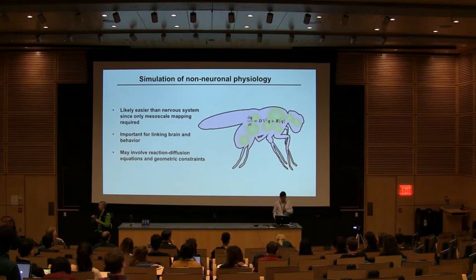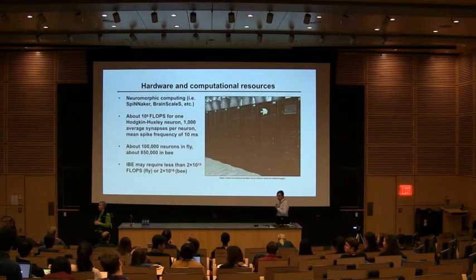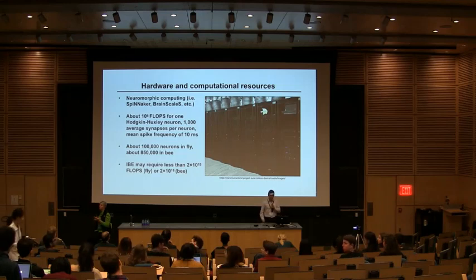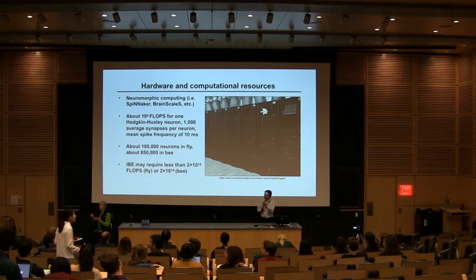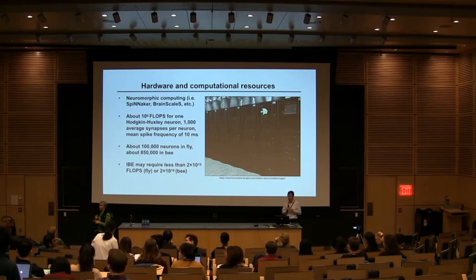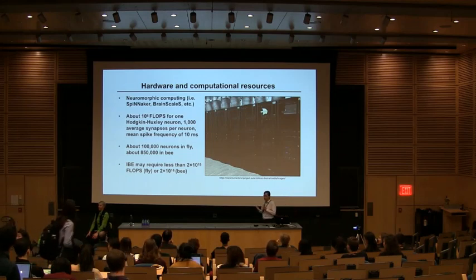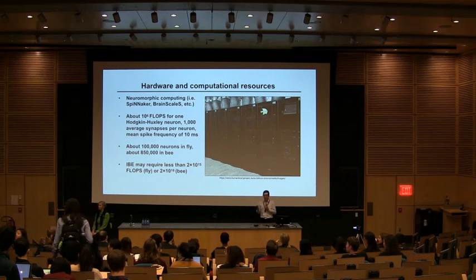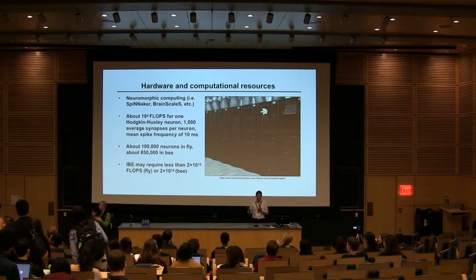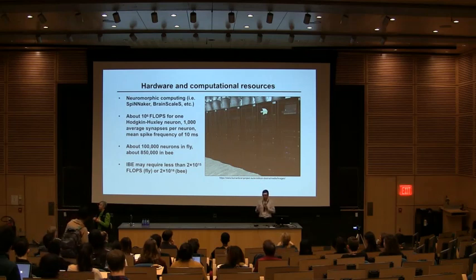So then also I'd like to talk a little bit about hardware and computational resources. What you see up here are some details on some calculations, and basically the result is that current supercomputers actually should be capable of emulating an entire insect brain, and possibly even the non-neuronal physiology as well, with just the existing supercomputers.